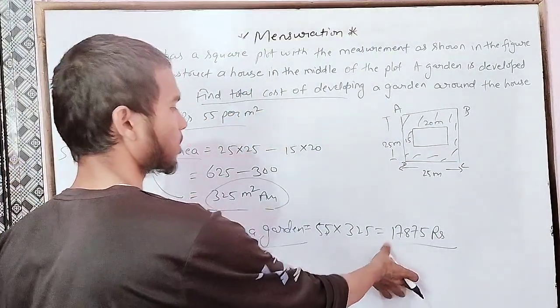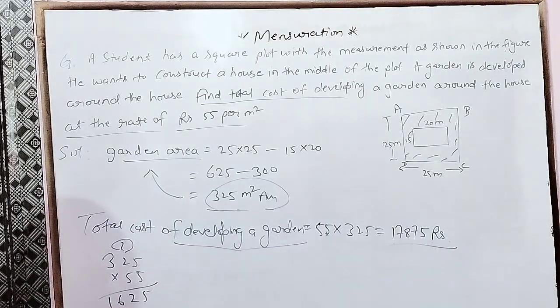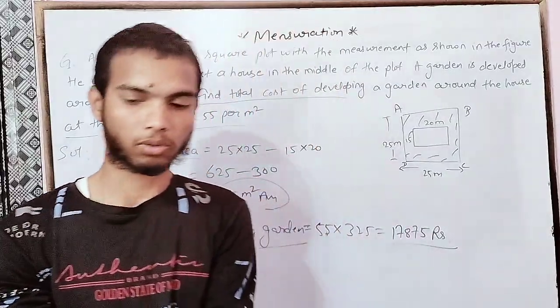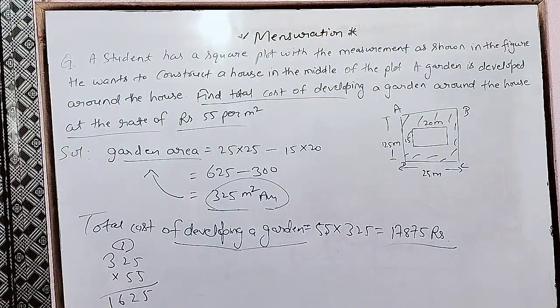So 17,875 rupees will be the cost for developing a garden of area 325 meter square, at 55 rupees per meter square. Look at this. Now next question.